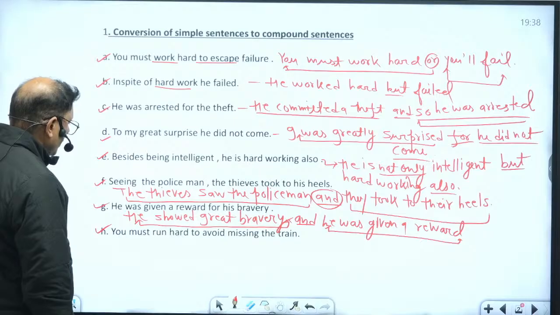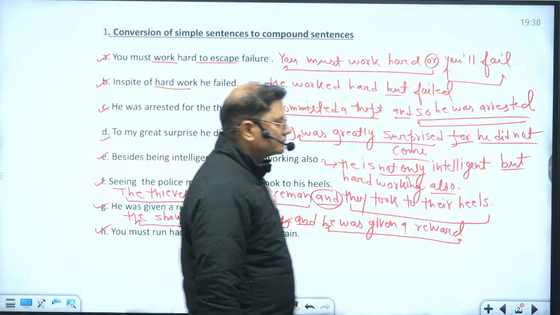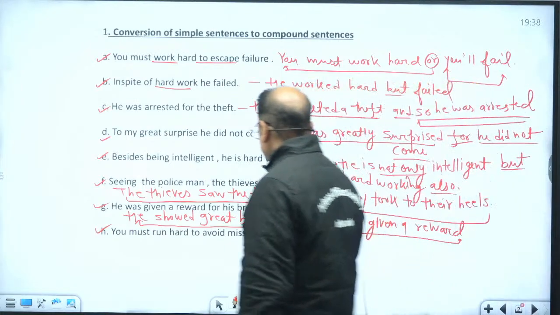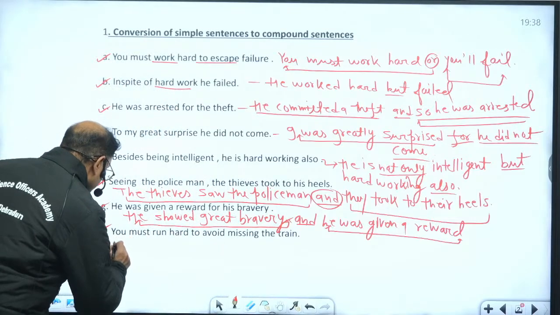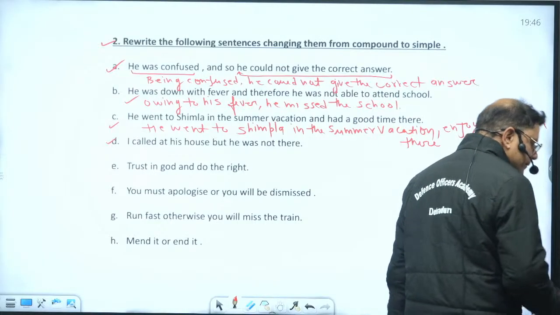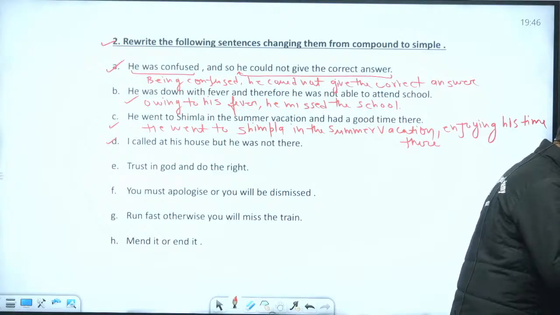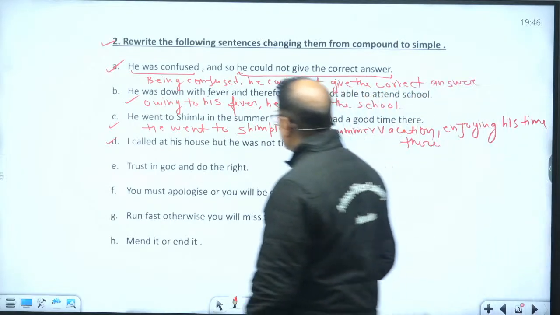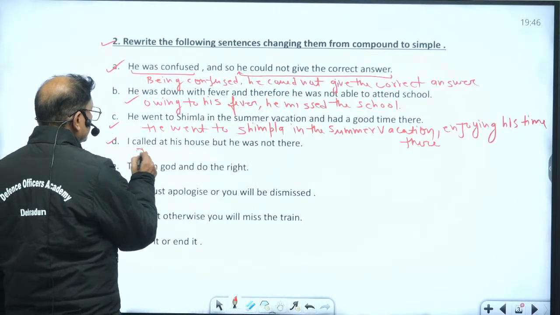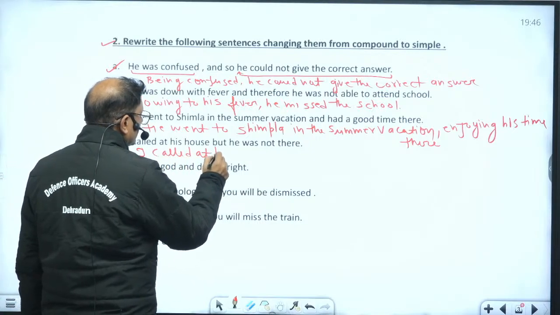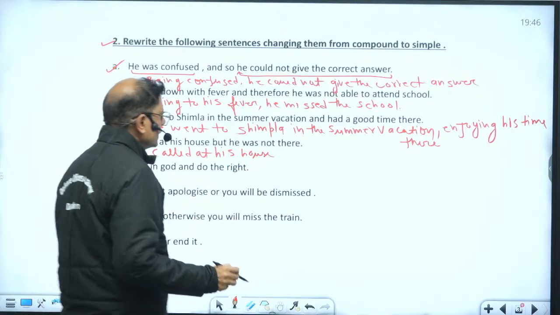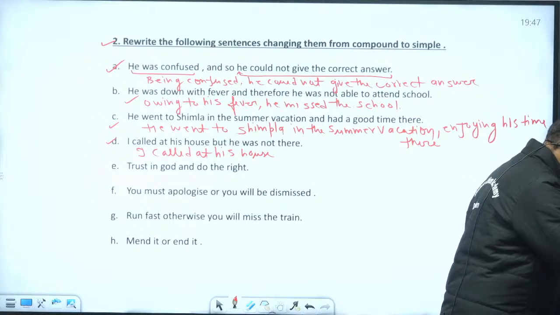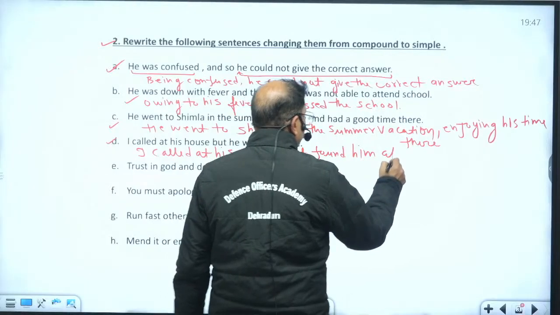Now next, you must run hard to avoid missing the train. You must... I called at his house, absent.